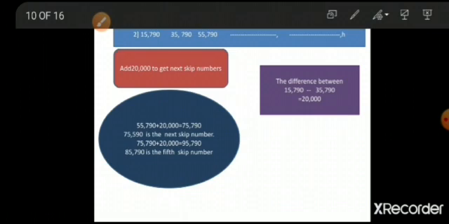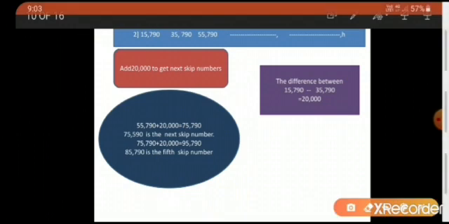The fourth skip number is 75,790. The fifth skip number is 95,790. Now you complete the series.